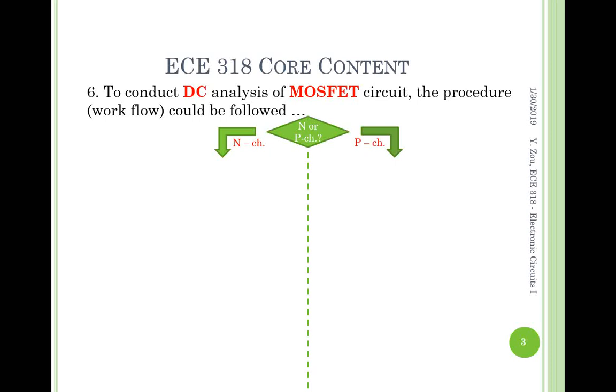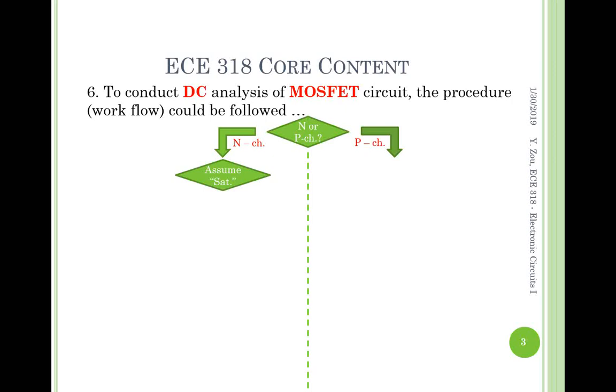If it is identified as N-channel, the first thing we need to do is assume it is operating in the saturation region. It is of course not necessarily true, but we need to begin with this assumption to have equations.